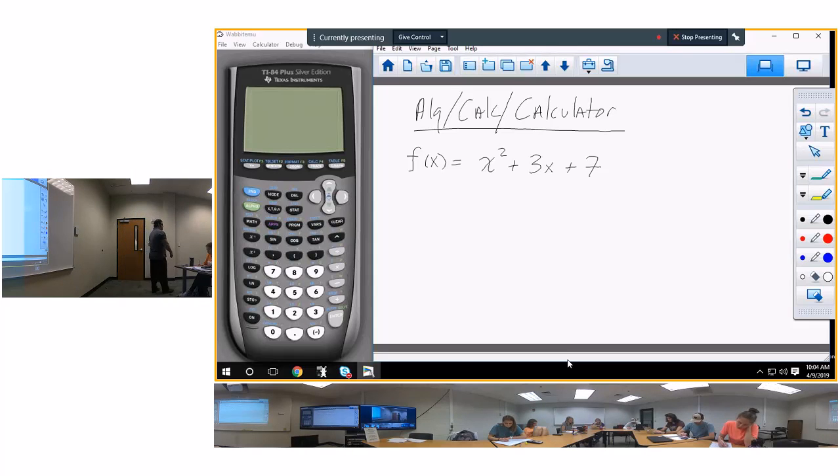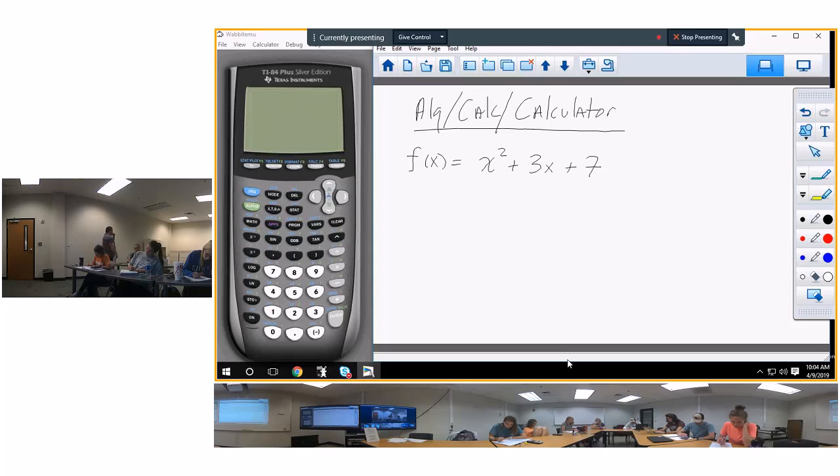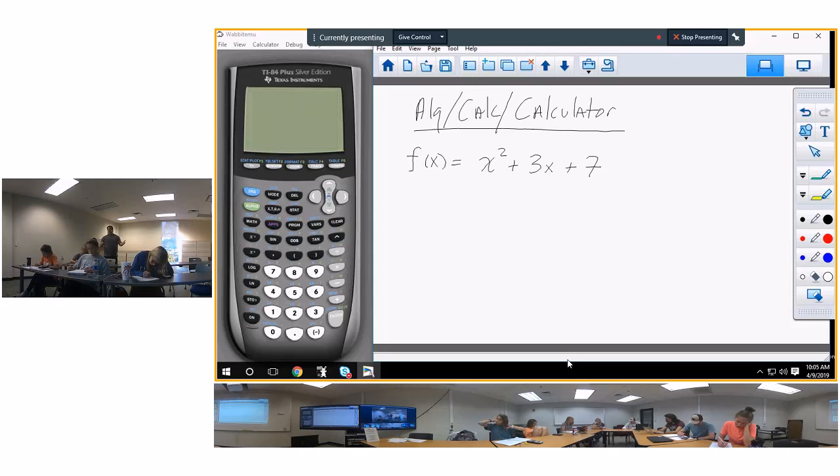If you want to, find the x and y of the vertex. I'm calling it a vertex because I don't know if it's a max or min. Min, because it's open upward. You know that because you know your algebra, and the positive in front of that x squared tells you it's going to be a min because it's open upward.